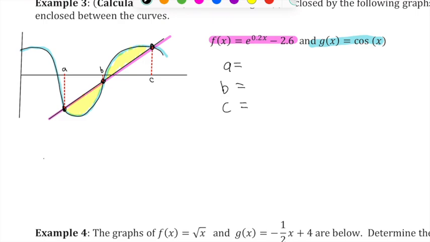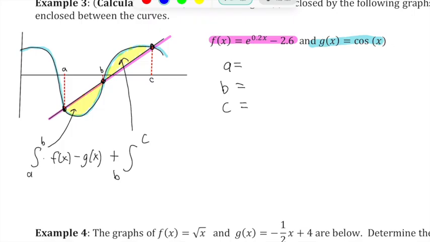So if I want this area, that's going to be the integral from whatever a and b are, and we will find those in a second, of f of x minus g of x, plus the area of this region, that's from B to C. And again, that's B and C, and I just labeled these as arbitrary values to make my notation a little bit cleaner.